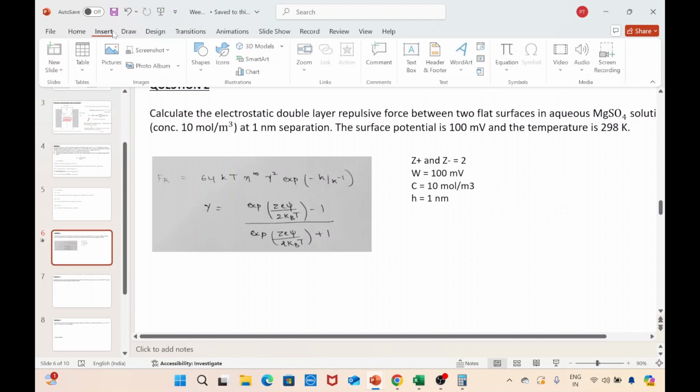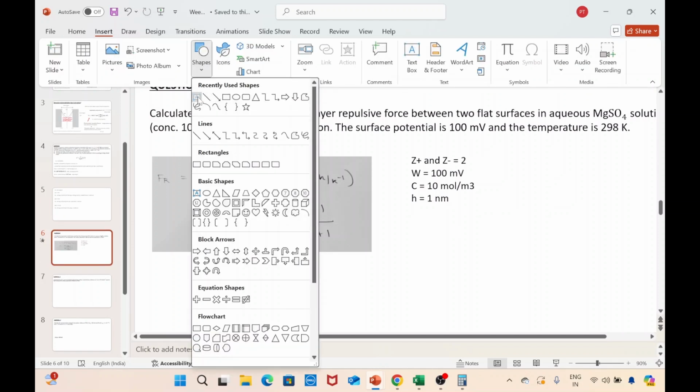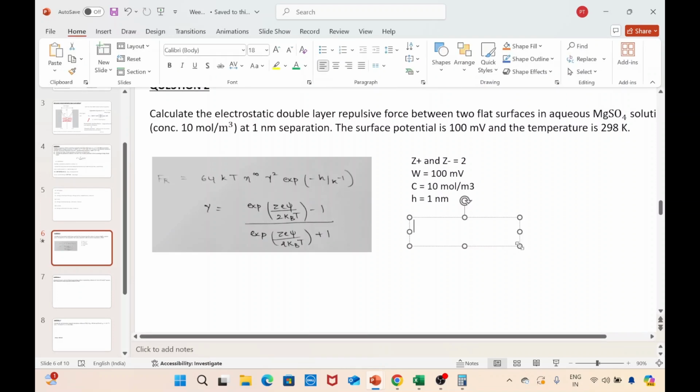I had previously calculated the value of kappa inverse, that is your Debye length. Let me give that Debye length to you, and please verify and tell me whether it is the same as what you get.